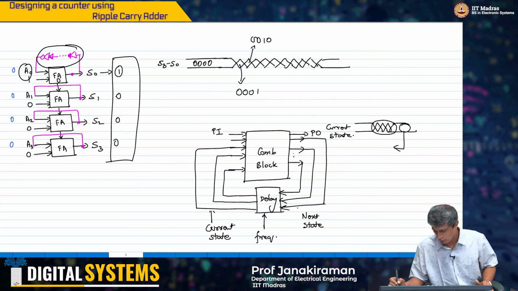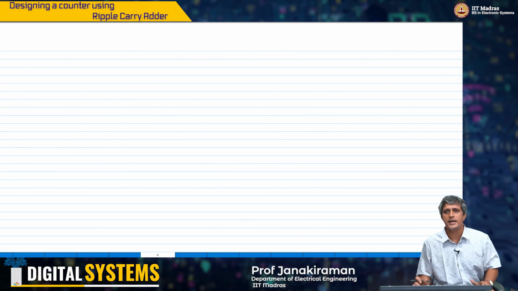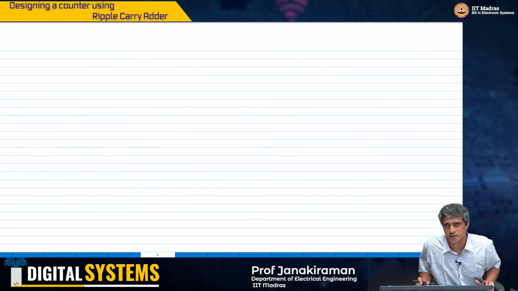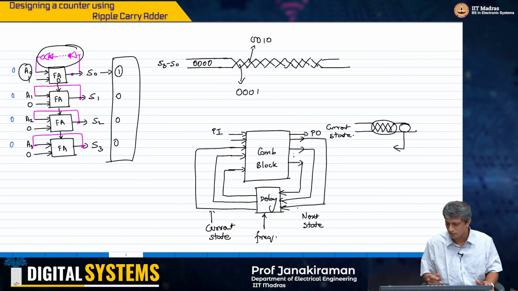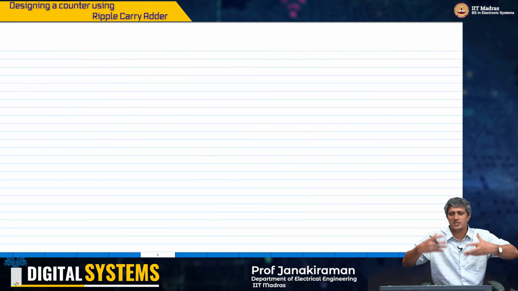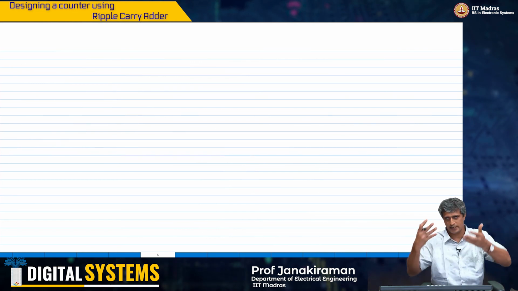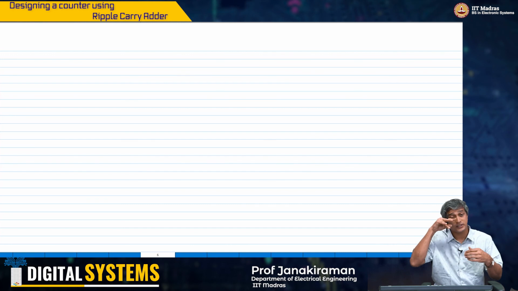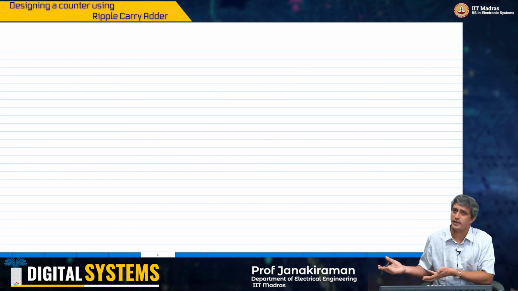Okay, so first of all, in order to implement such a sequential circuit, and by the way, this is what we call a sequential circuit, or a state machine, finite state machine, right? The system is going through a finite set of states, and the next state is a function of the current state.